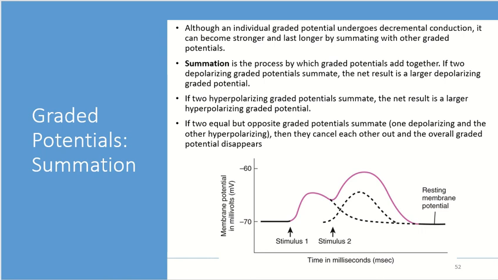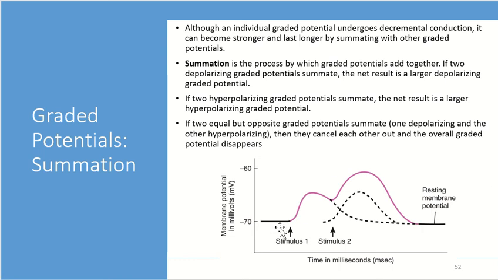And if two hyperpolarizing graded potentials are summated, the net result will be a larger hyperpolarizing graded potential. If two equal but opposite graded potentials summate, i.e. one that's depolarizing and one that's hyperpolarizing, they're usually going to cancel each other out, and the overall graded potential is going to disappear.